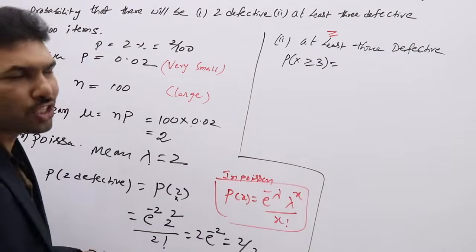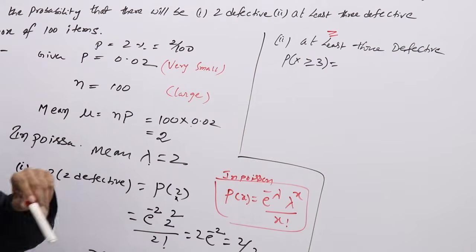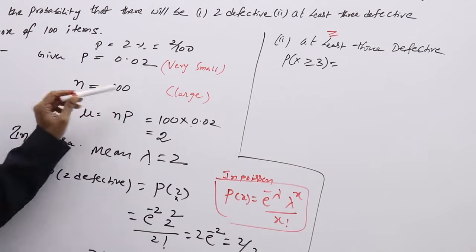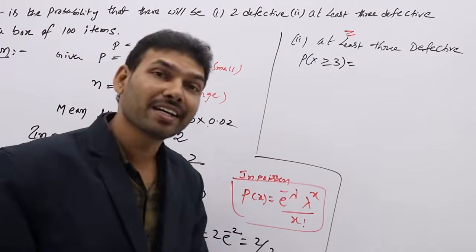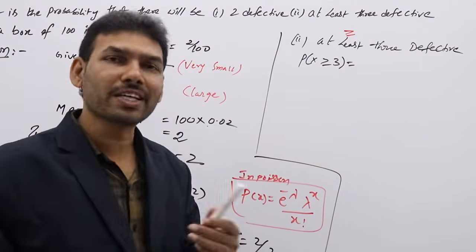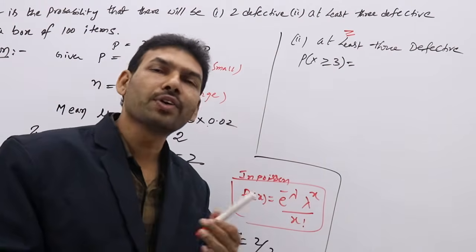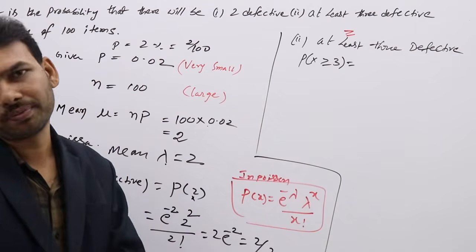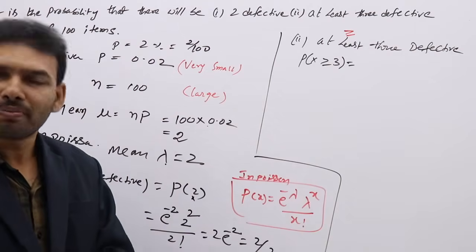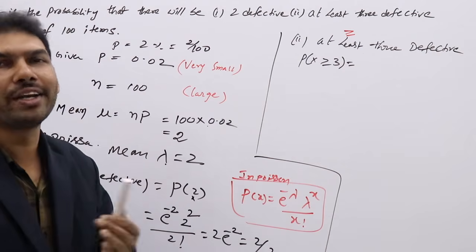Because this is a Poisson distribution, n is too large. N is 100. So if you want to calculate P of x greater than or equal to 3, you need to add probabilities from 3 to 100. Is it possible? Possible, but it takes much time, very difficult.